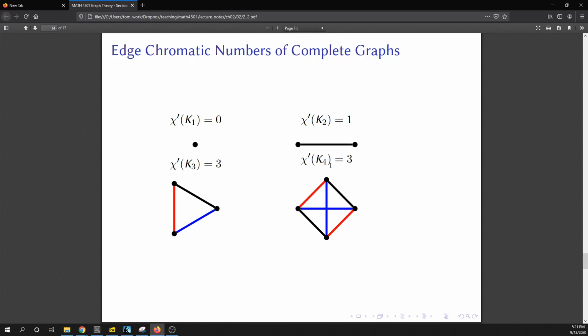All right, and so here we have the complete graph on 4 vertices, and around the edge is a cycle of even length, so we know we can color that with 2 colors.